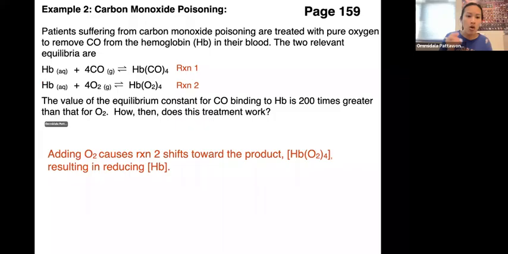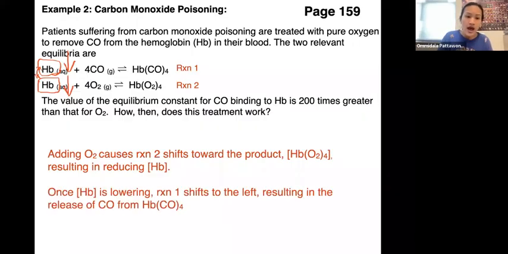Okay, so now this decrease in the concentration of free hemoglobin is going to affect the first reaction, right? Because these two share the same free hemoglobin. As the concentration of free hemoglobin decreases, it is going to disturb the first reaction. Because the free hemoglobin decreased, the first reaction is going to shift toward making more free hemoglobin.